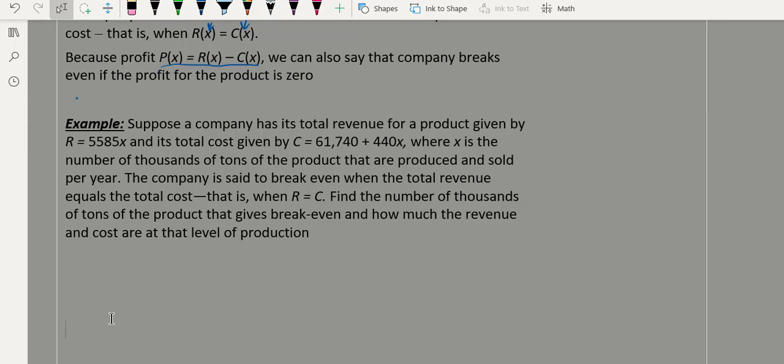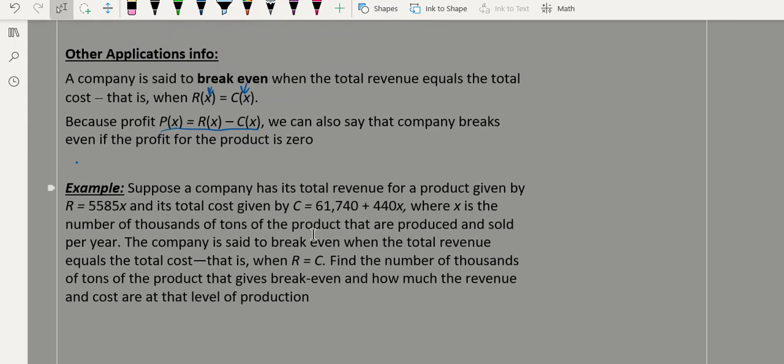The company is said to break even when the total revenue equals the cost, that is R equals C. It says find the number of thousands of tons of products that gives break even and how much the revenue and costs are at that level of production.